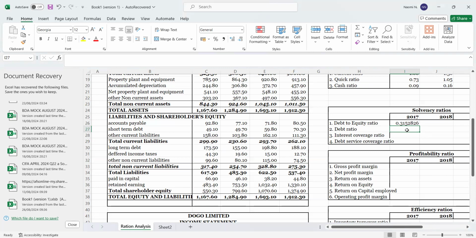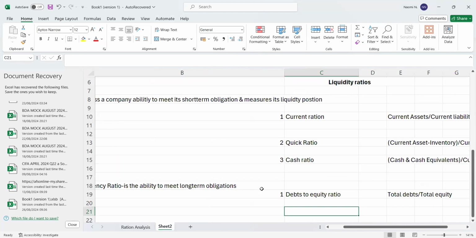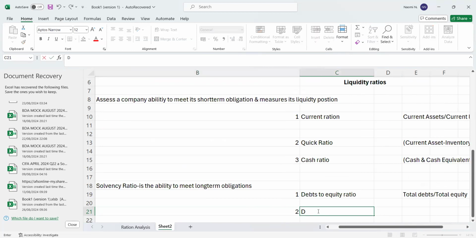Then number two ratio, we have the debt ratio. And just before we continue on debt ratio, on debts to equity ratio, we have said we are now analyzing where our financing is coming from. Are we taking loans, or is it coming from the shareholders?